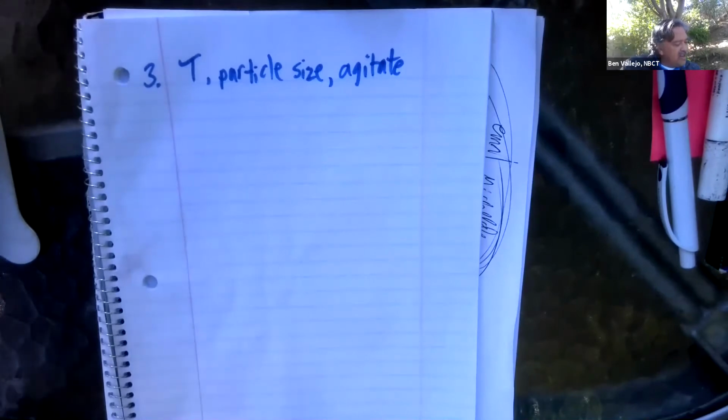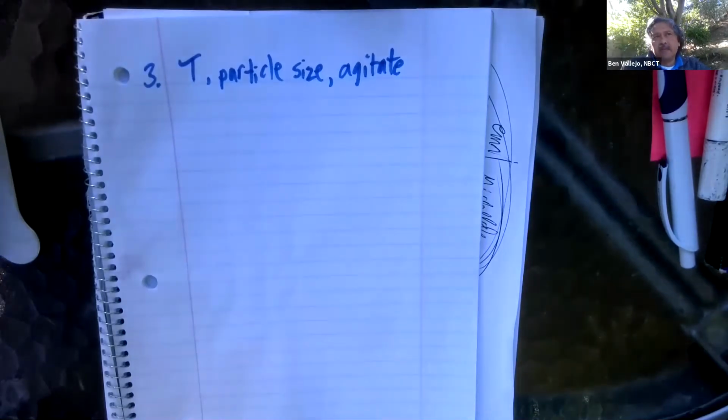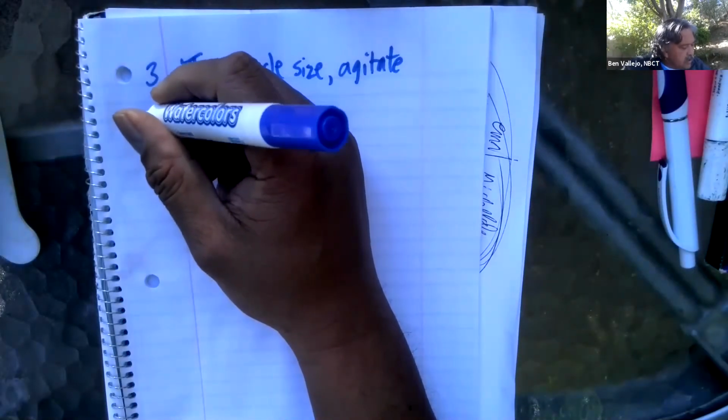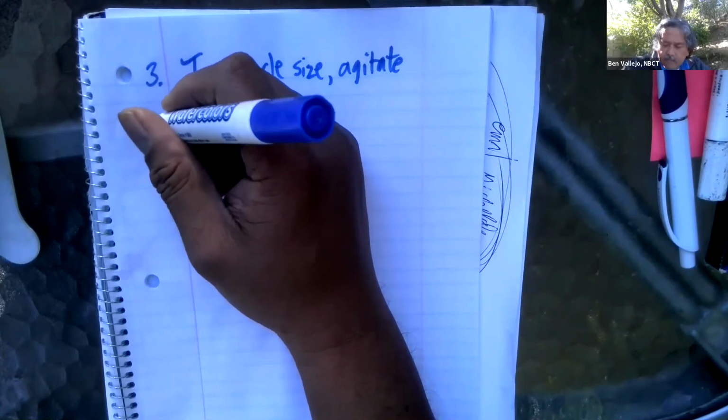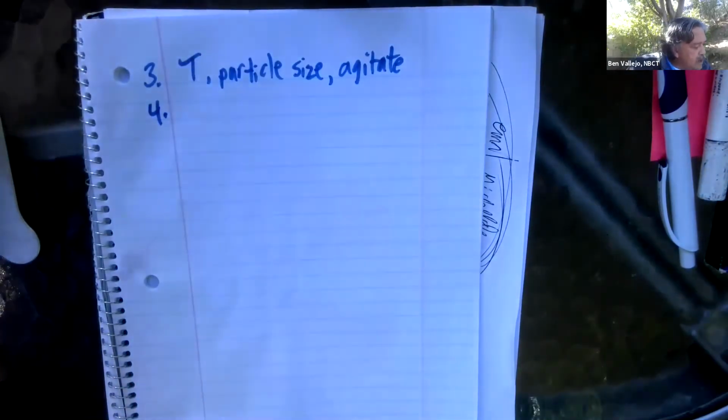Okay, number 4. How can you describe the state of equilibrium in a saturated solution that contains an undissolved solute? Well, it depends. Is the temperature constant? If the temperature is constant, what number is this? Number 4. How can you describe the state of equilibrium?